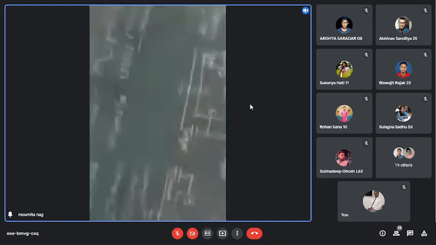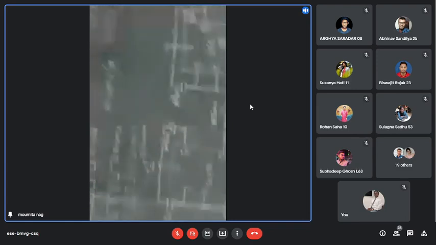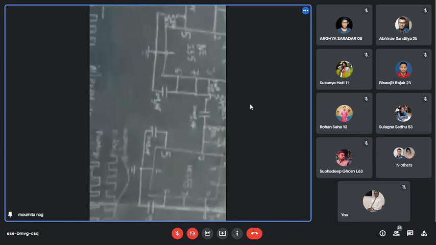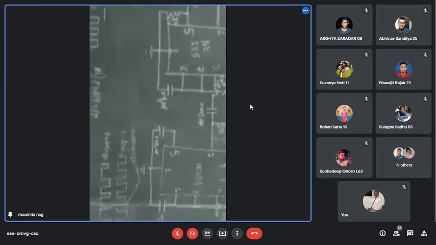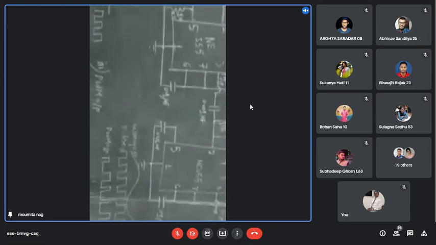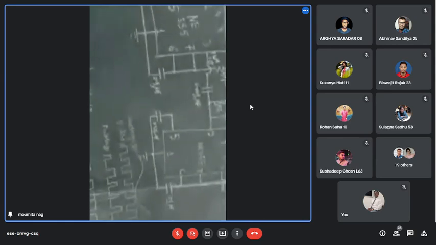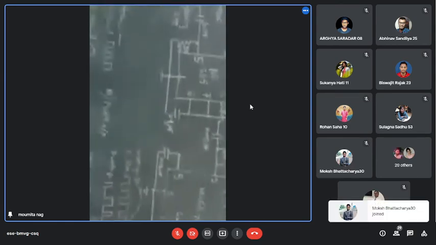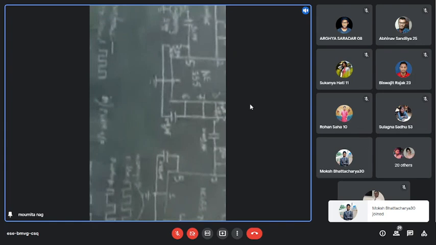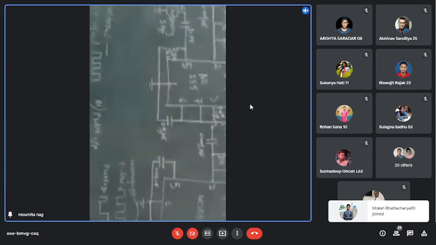So what is pulse position modulation? Pulse position means the position of the pulse is changed in accordance to the message. Here one pulse is given as a carrier signal.